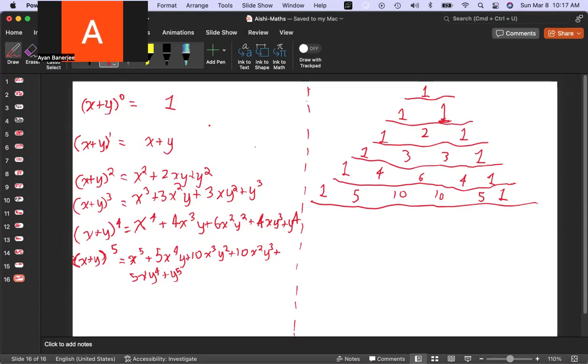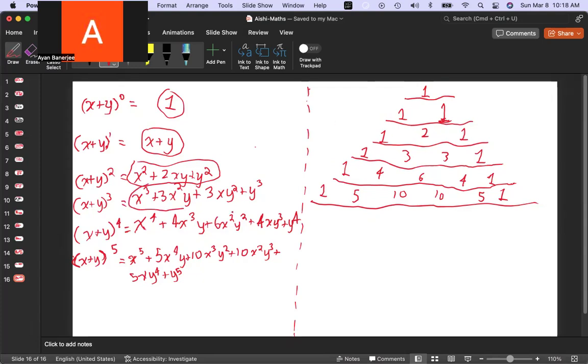So now let's write down the coefficients. So over here we have 1, and then both of these, the coefficients are 1, and then for this it's 1, 2, 1.